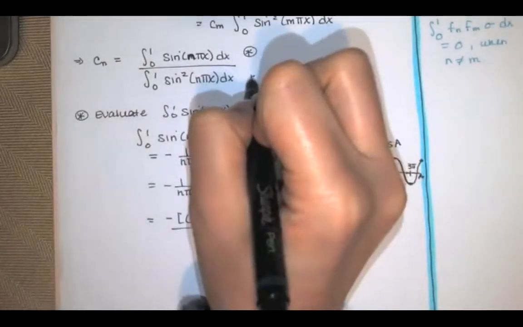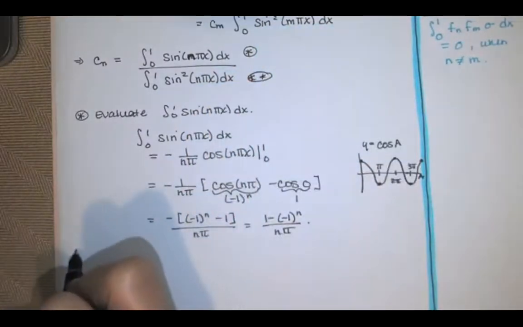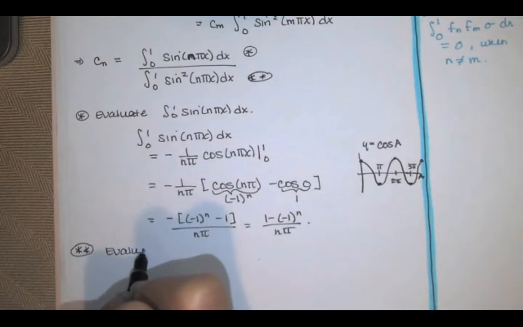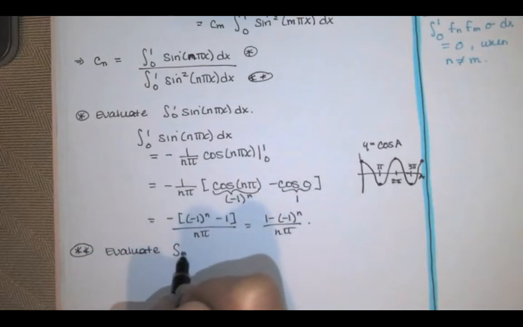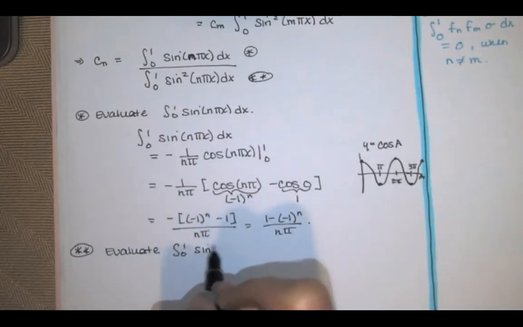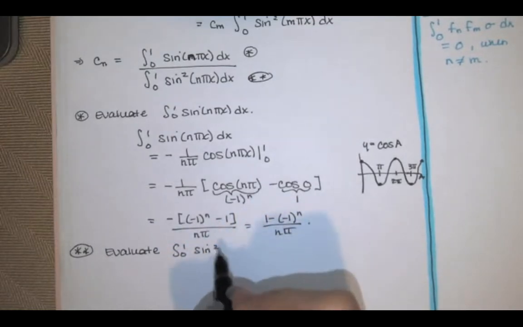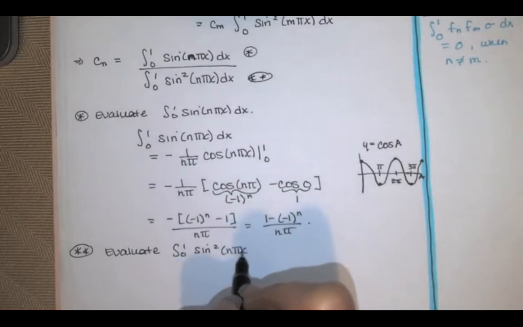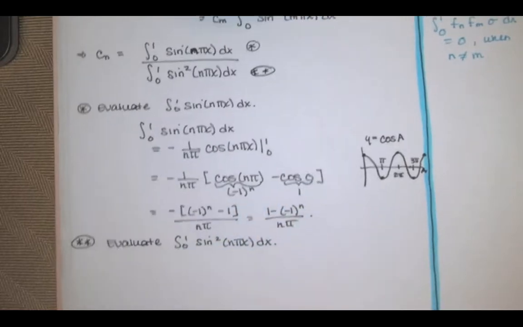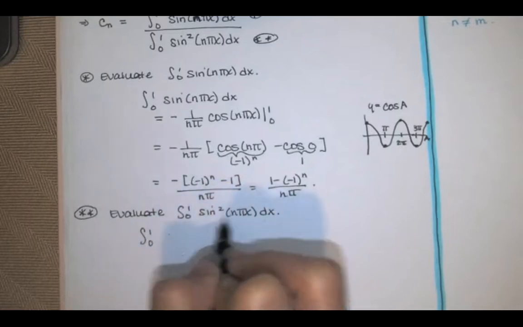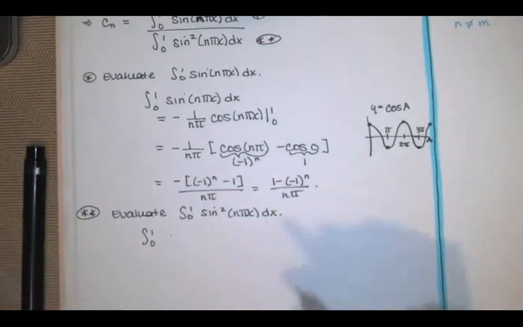For the integral in the denominator, you have to use a power reducing formula from calculus 2. Now, some professors will actually let you use a table that will tell you the value of this. I believe there is a table in the Constanta partial differential equations text. But it turns out that this is true.